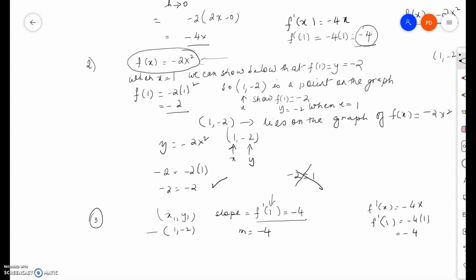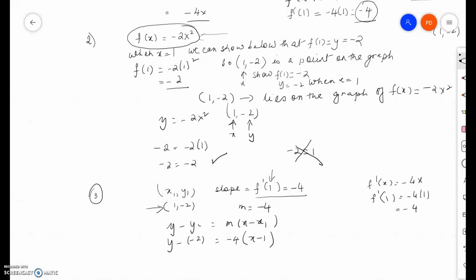We have a specific point on the graph, we just proved that (1, -2) lies on the graph, and we get the equation y minus y1 is equal to m times x minus x1. That's our point-slope form. So y minus y1, which is -2, is equal to m, which is -4, times x minus x1, which is 1.